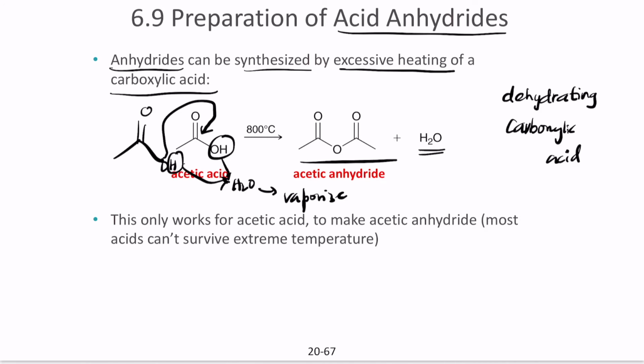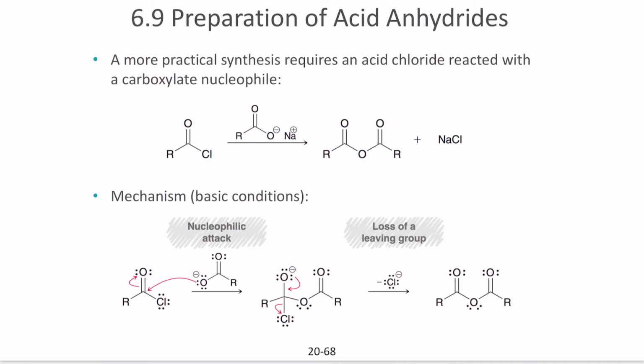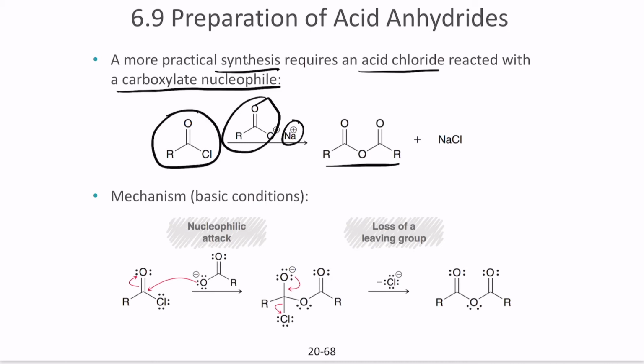So this is anhydride formation by removing water. This reaction only works for acetic acid to make acetic anhydride. Most acids cannot survive extreme temperatures, though some do this at low temperatures as well. A more practical synthesis requires using an acid chloride and reacting it with a carboxylate ion, finally forming NaCl.